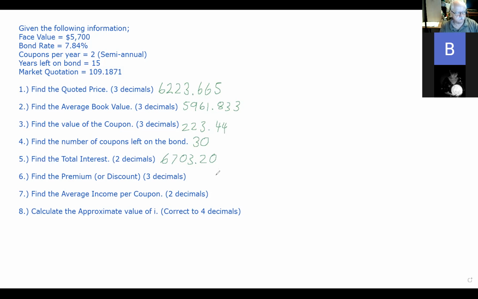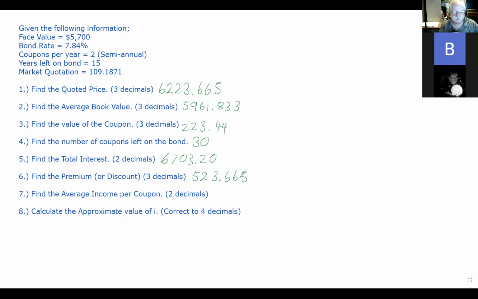And it says to go to 3 decimals if necessary. 523.665. If we go to 3 decimals, it'll be 665, right? Yes, sir.